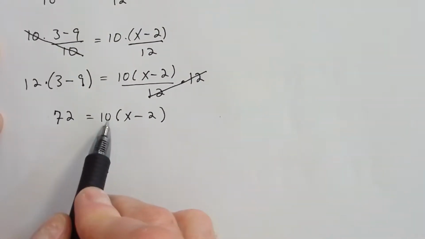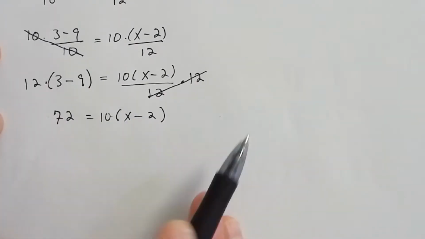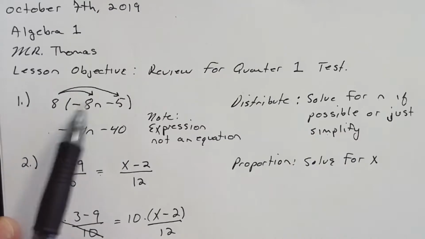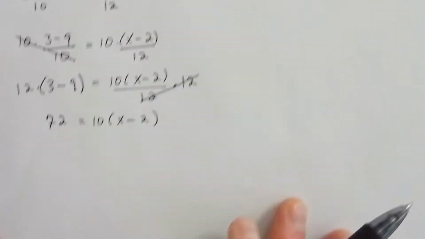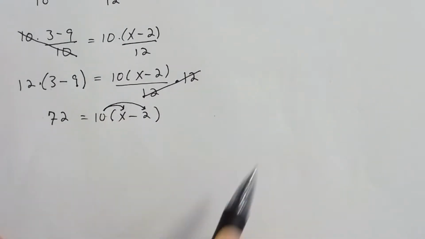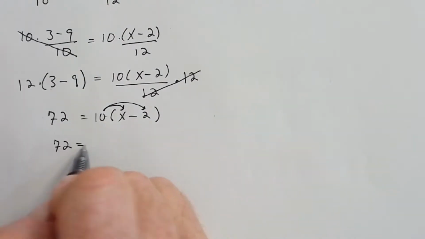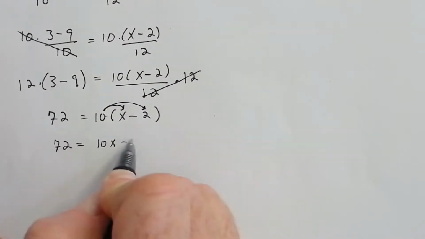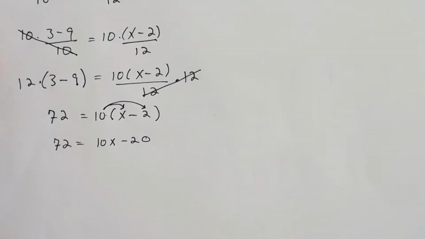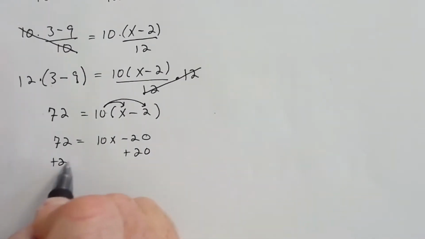So now what are we doing here? It's distribute. We're back up to problem number 1, distribution. So we're going to distribute. (10x minus 20). And we're going to add 20 to both sides.